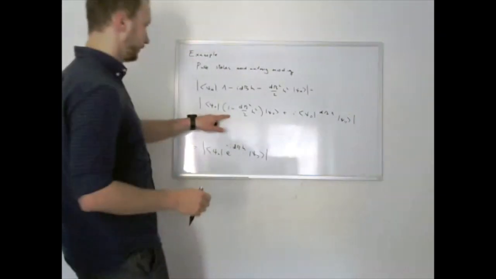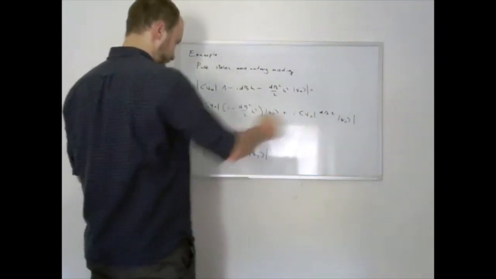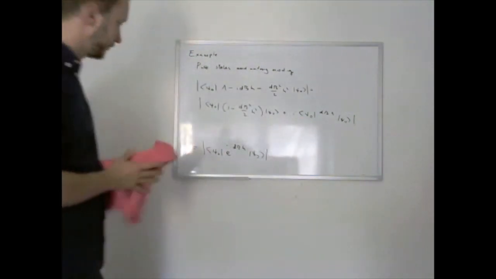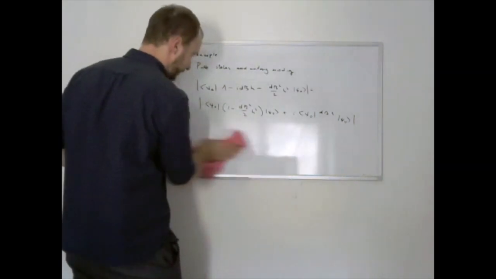This one is real, this one is imaginary, so we sum the absolute squares of these and take the square root.